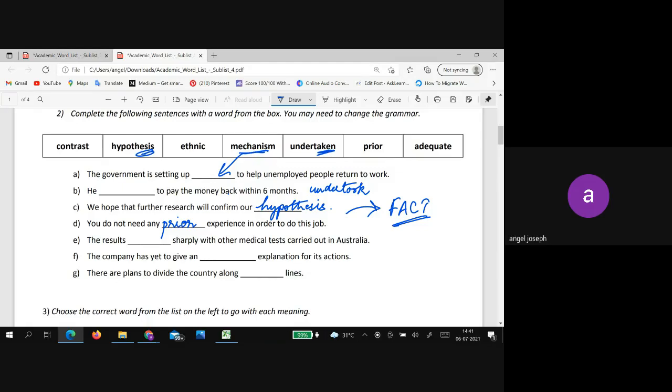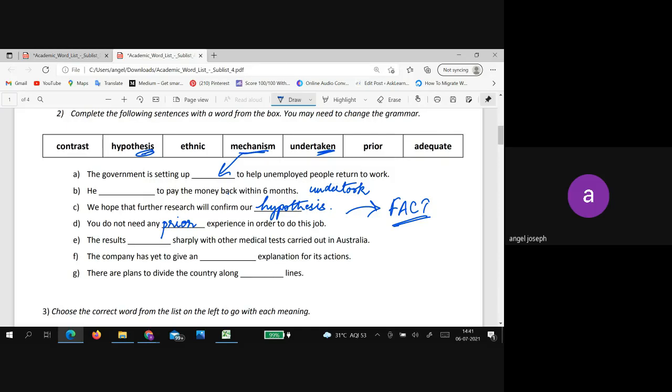Here is some sort of an experience that you have before. So let's say Neetu is a medical professional and she is applying for the UK, and the NHS, the National Health Service, the main health department in England, says that we do not need any prior experience from nurses. Nurses can apply even without experience.